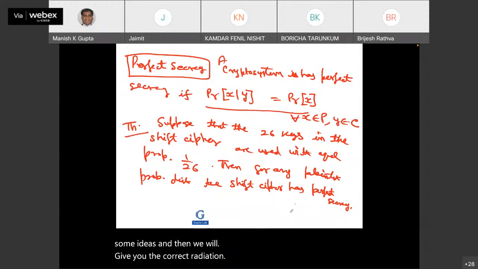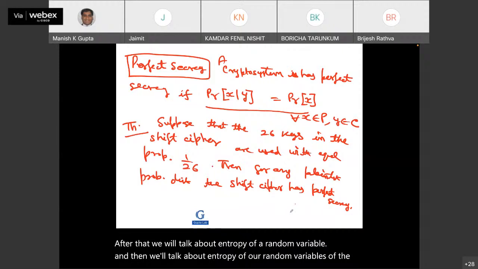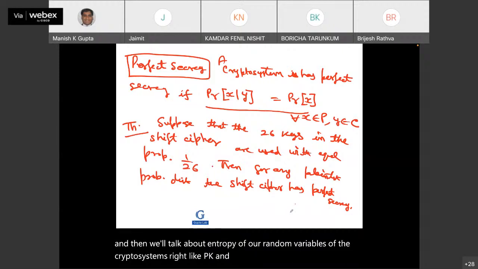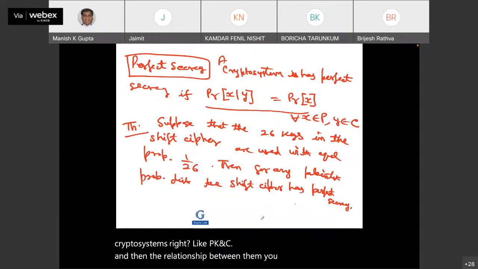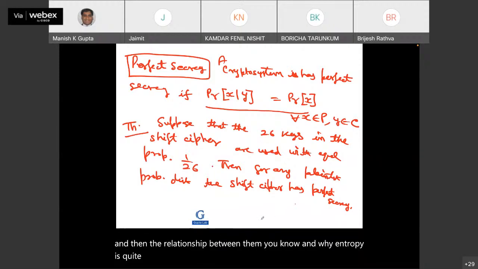After that, we will talk about entropy of a random variable, and then entropy of the random variables of the crypto systems, like P, K, and C, the relationship between them, and why entropy is quite useful. We'll talk about it.